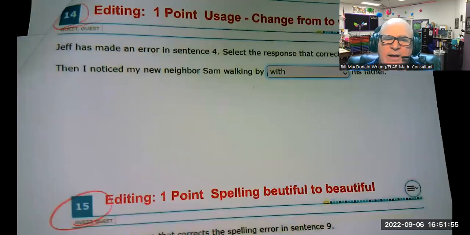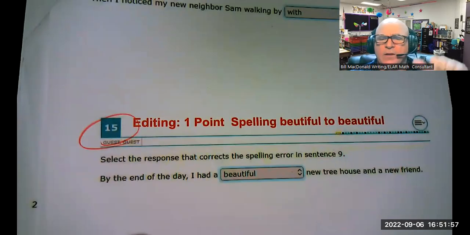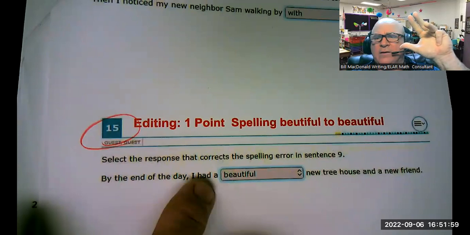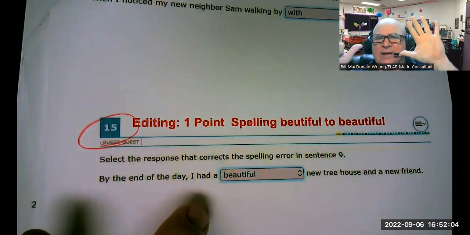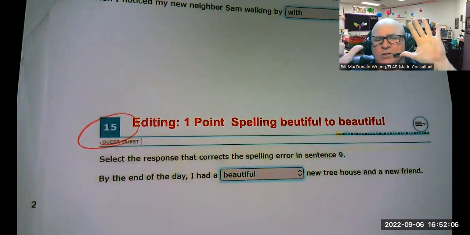By the end of the day, that's a when, comma, by the end of the day. Because that introductory phrase is 4 words or longer, you typically put a comma.